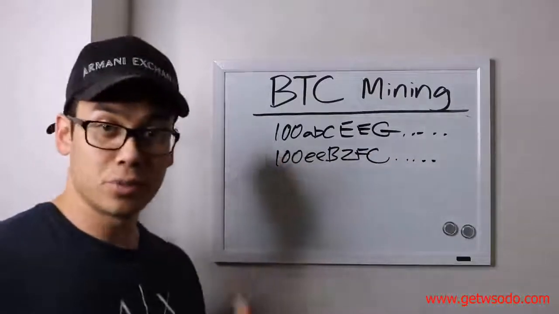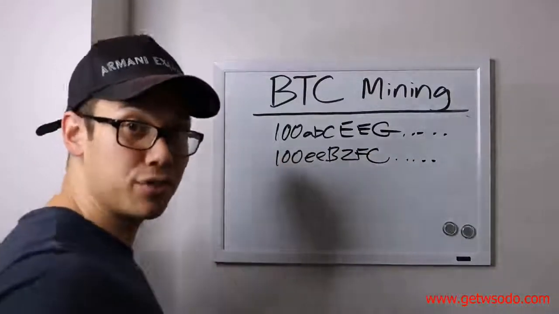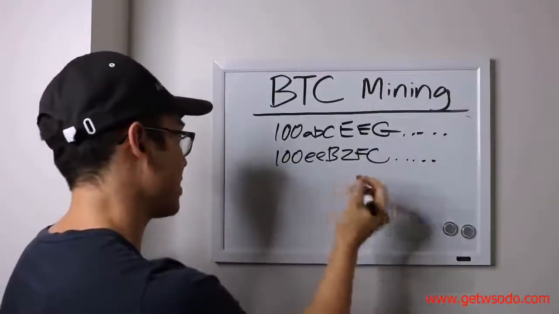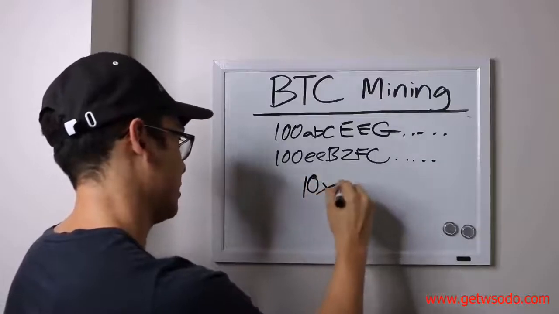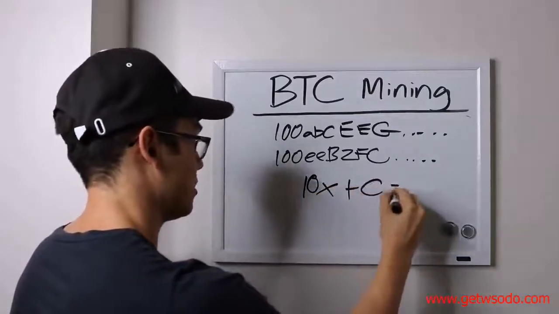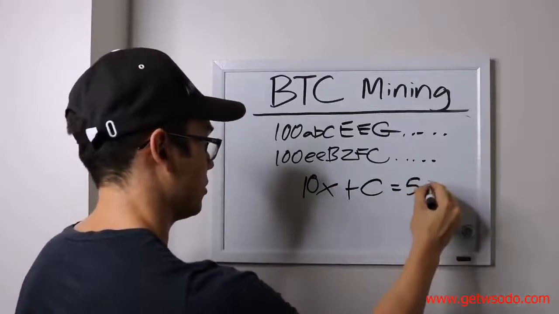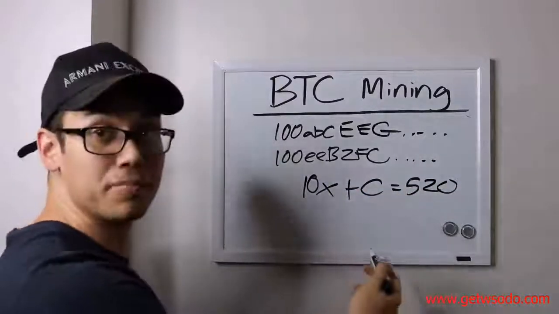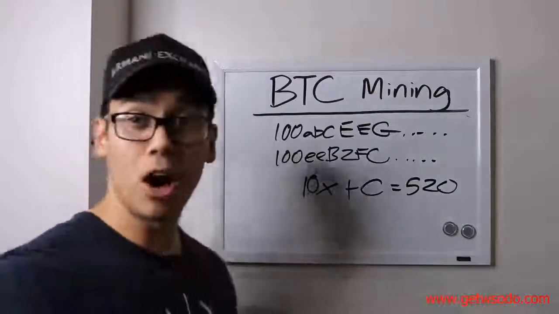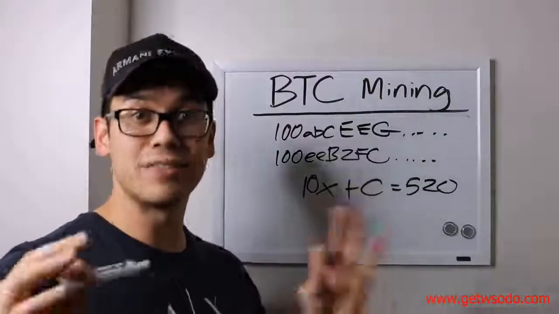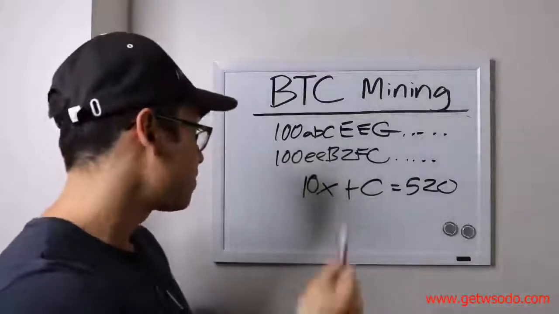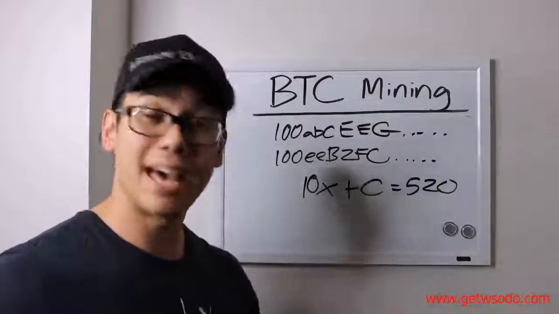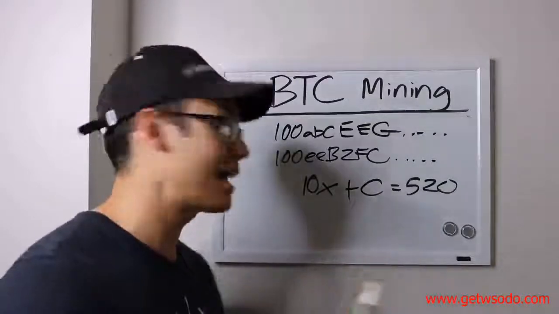What the miners do is use the SHA-256 algorithm to solve a puzzle. Let's say this is a math equation: 10x plus C equals 520. The computers have to solve this random math puzzle, and these math puzzles become harder, and that's what's called Bitcoin difficulty. The network pays out computers every 10 minutes when a new block is added to the blockchain.